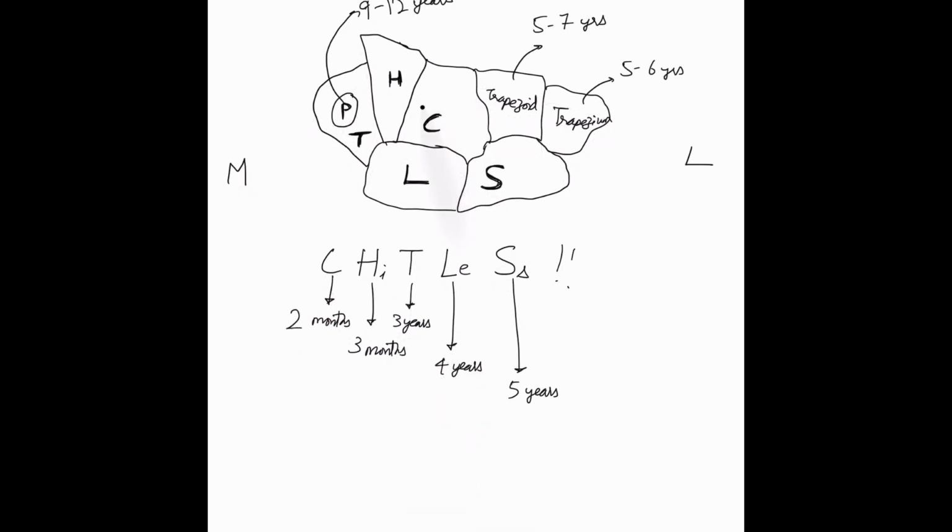Starting with the capitate at 2 months, then the hamate at 3 months, triquetral at 3 years, lunate at 4 years, scaphoid at 5 years, trapezium at 5 to 6 years, trapezoid at 5 to 7 years, and finally the pisiform at 9 to 12 years of age. To include the other three carpals in the mnemonic, you can call it Chitless TTP, to the point, which is what we students expect any source of information to be.